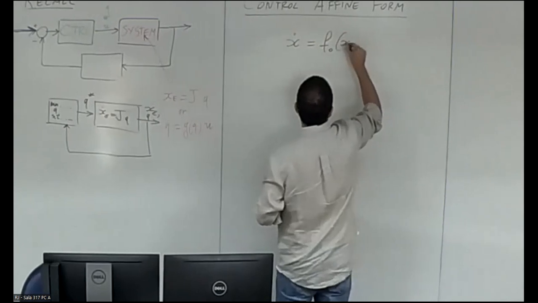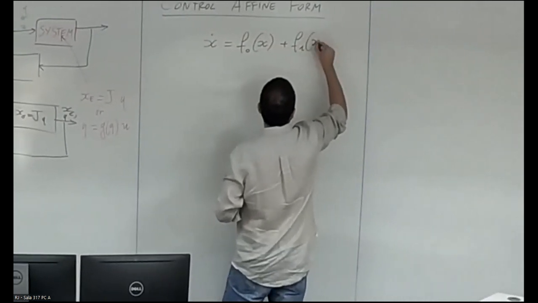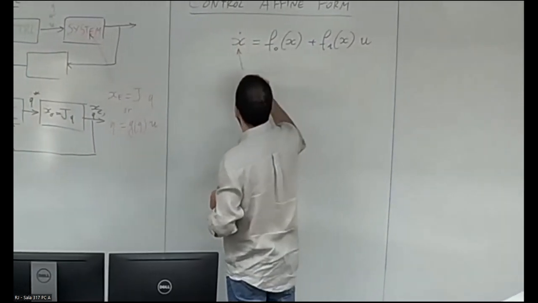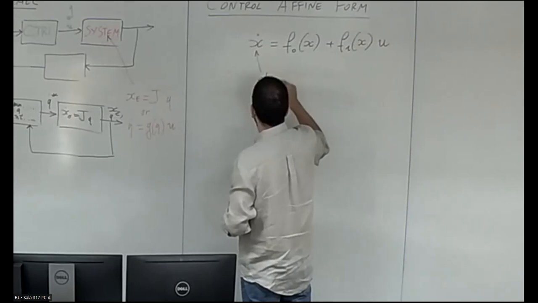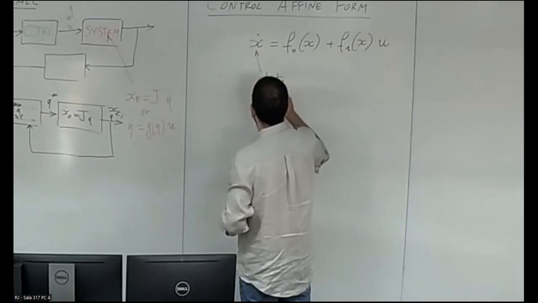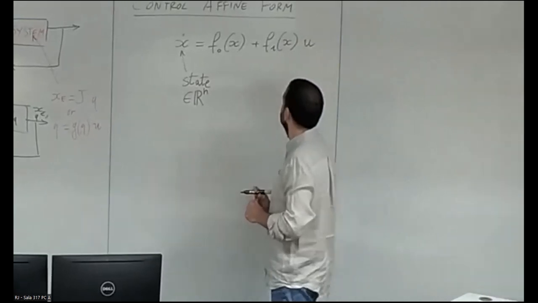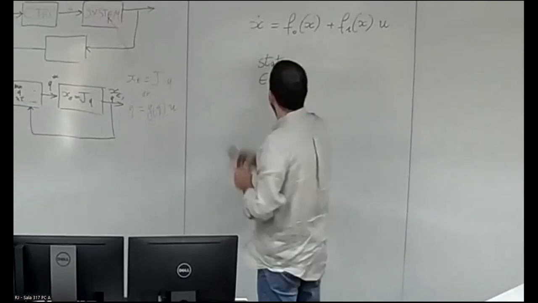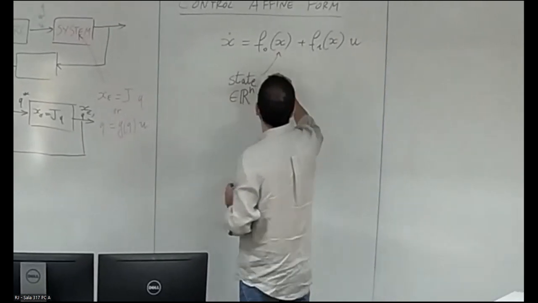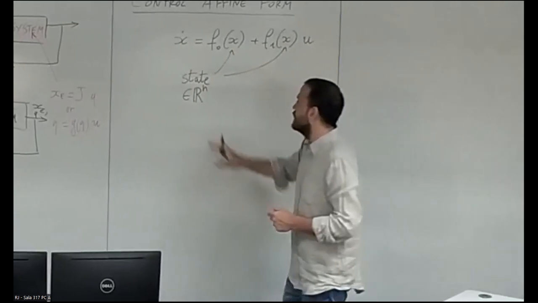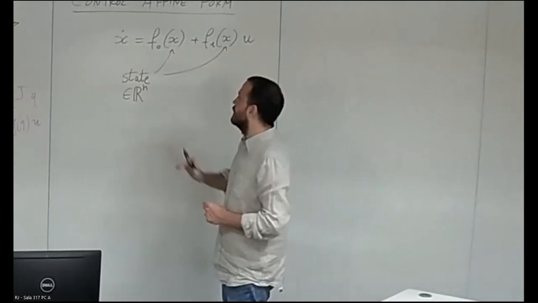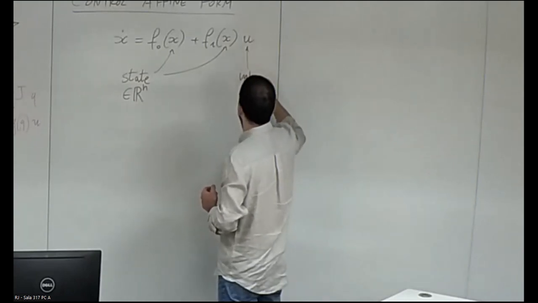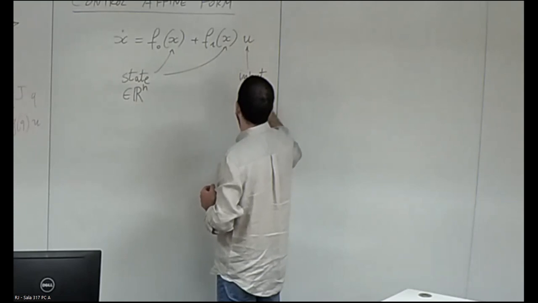I think I've used these symbols. x is used to denote the state, which is a vector in R^n. We consider it to be a vector in R^n. u is the input, which is a vector in R^n.